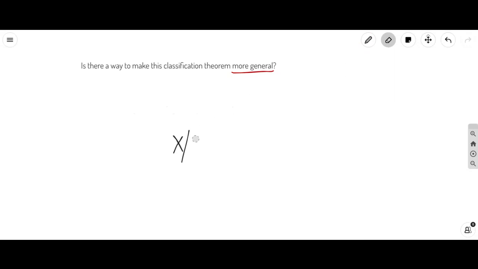So by more general, what we mean is instead, we have a space Y in general. So we do not assume that you're starting with a simply connected space and you quotient it out. So how can we find all coverings of Y? How do we do that?